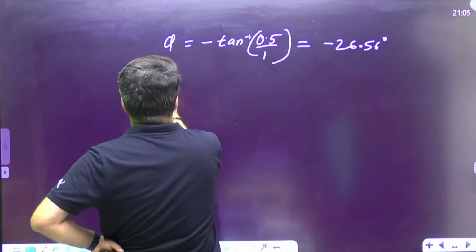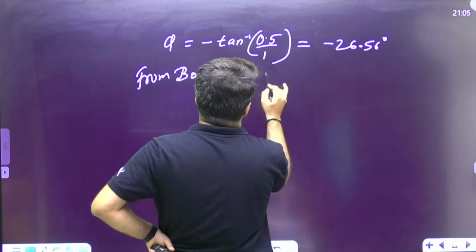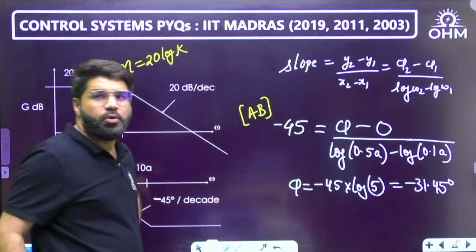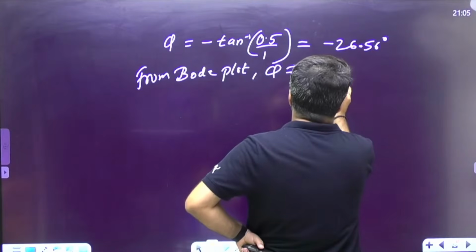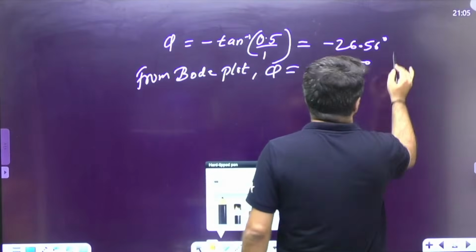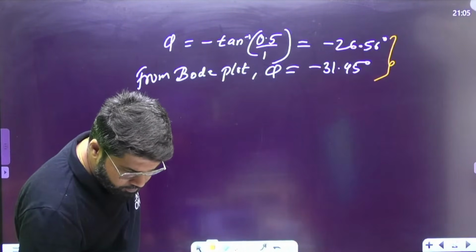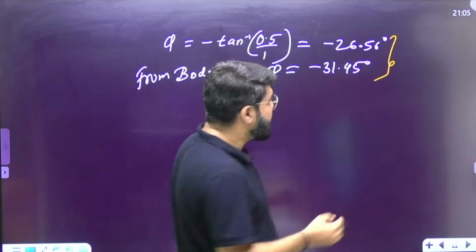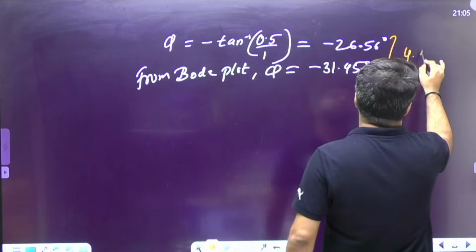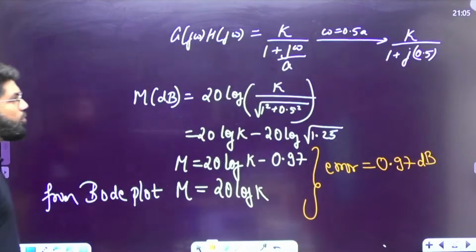But from the Bode plot, how much phase have I written? Just now I calculated the phase from the Bode plot, minus 31.45 degree. So what is the difference in these two? That is minus 4.88, or approximately, the absolute error is 4.89 degree.